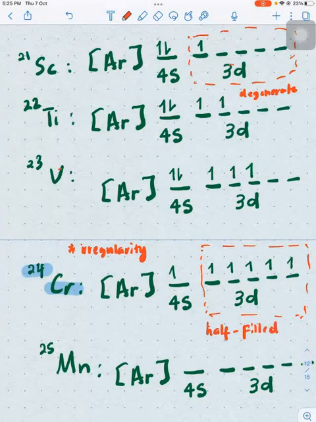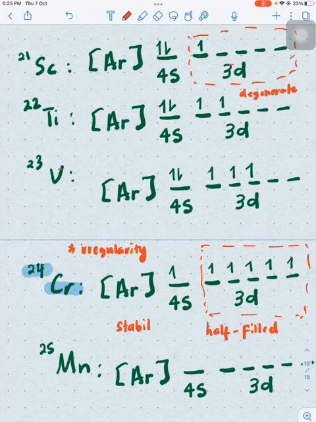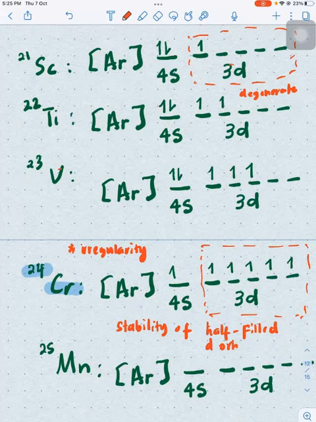Okay, and for transition metals, this element will achieve another level of stability, yang mana dia akan jadi sangat stable when the d orbital is half filled. That is because of penetrating power, yang mana d orbital ni bila dia half filled, dia sebenarnya more attracted towards nucleus, lebih kuat tarikan dia terhadap nucleus, dia lebih stable. So ini kita panggil sebagai stability of half filled d orbital, and dia cuma berlaku dekat kromium dan juga molybdenum.